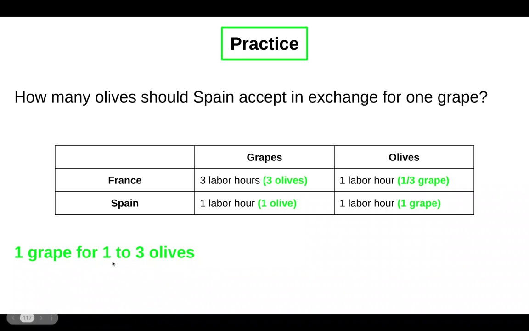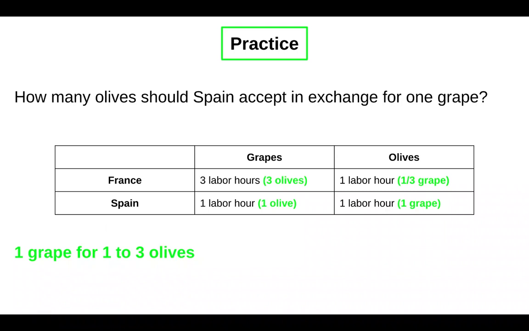Now, how do we get the numbers in the blanks? Well, this is where having the labels with your numbers is so important. Because in this case, we're looking for any label with the word olive that is in parentheses. And so here's 1 olive, and then here's 3 olives. And then you make that a range. And so that's how we get one grape for 1 to 3 olives.